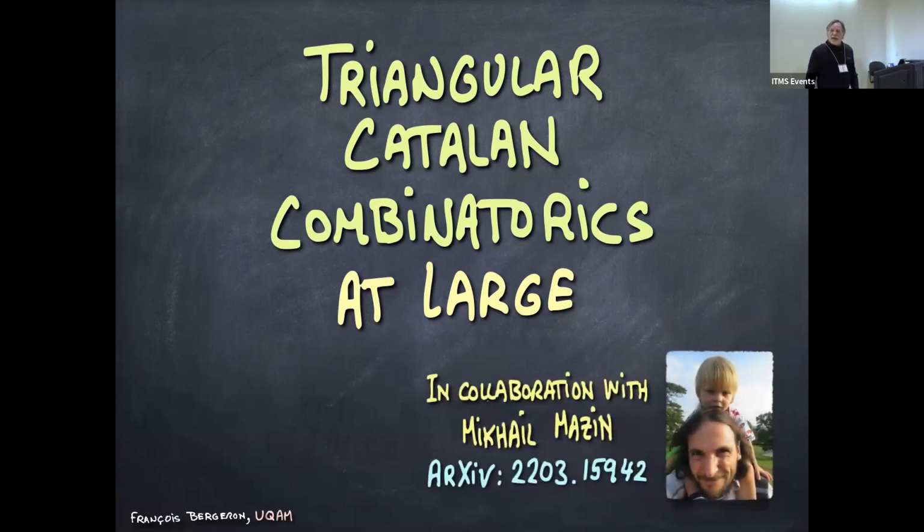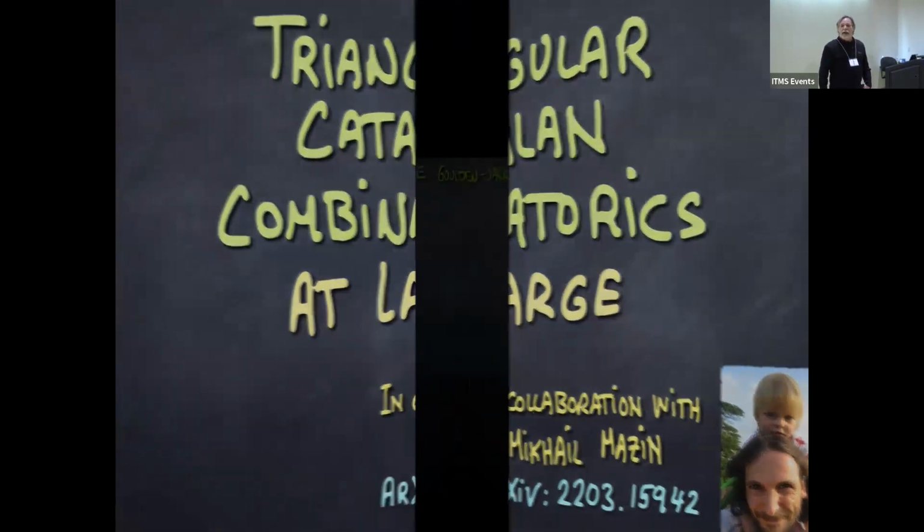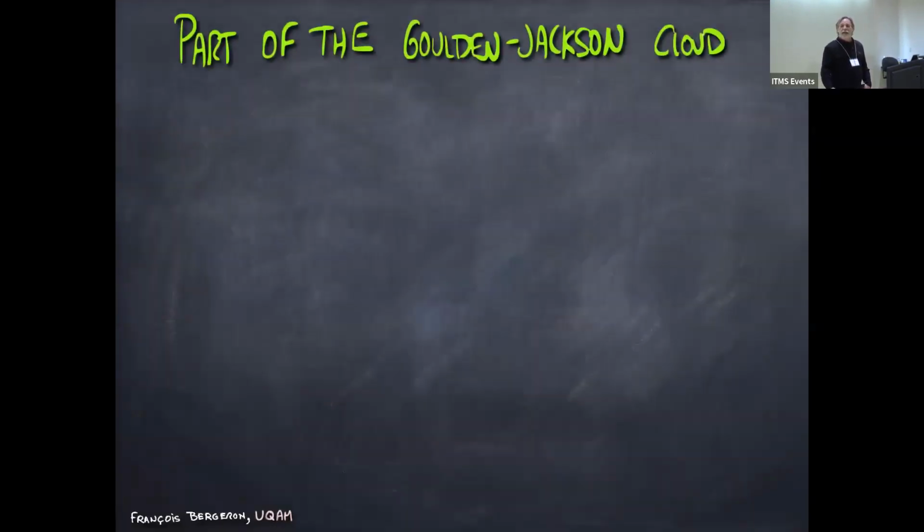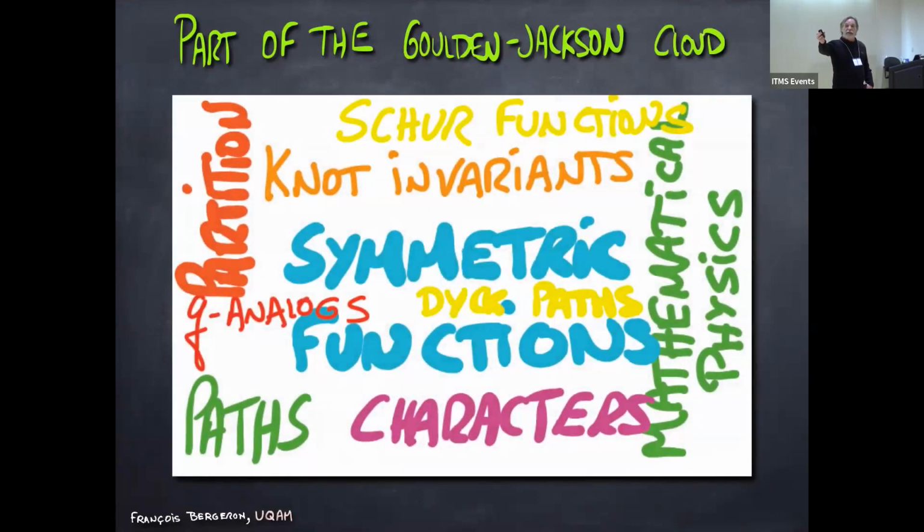This is joint work with Michael Mazin, and I've put up the arXiv version of the paper if you want to look it up. Now, this is part of the Goulden-Jackson cloud. So I just made up my own version of the cloud. This is my handwriting, and the cloud would be much bigger, but I just selected the things that are relevant to what I'm going to talk about today.